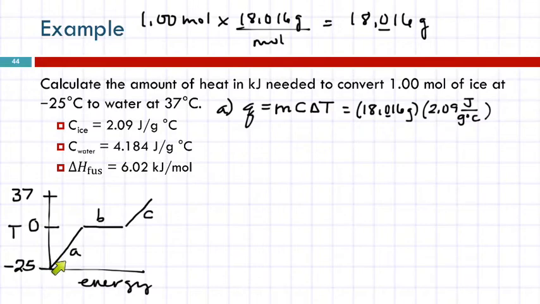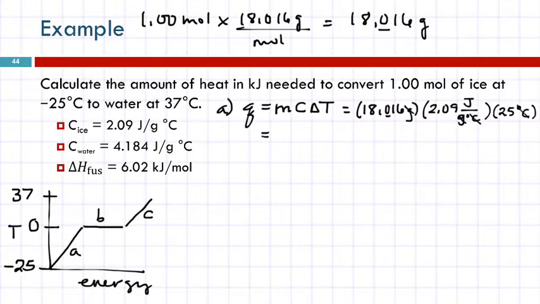So in line A we're talking about ice, so we need to use the value for ice. The temperature change is the final minus the initial. The final is 0, the initial is negative 25. 0 minus negative 25 is positive 25 degrees Celsius. Our units cancel out very nicely.